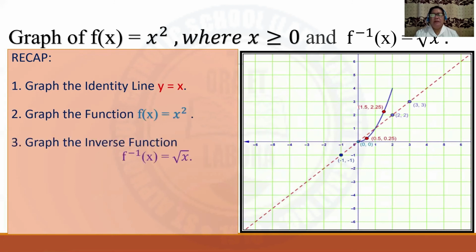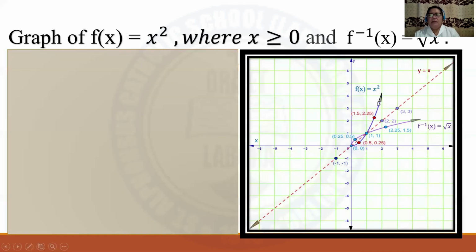Then we have to graph the inverse function using the points. And then connect with a curve. Do not forget to place an arrowhead here and here. And also for the identity line, label the y-axis with y, x-axis with x.